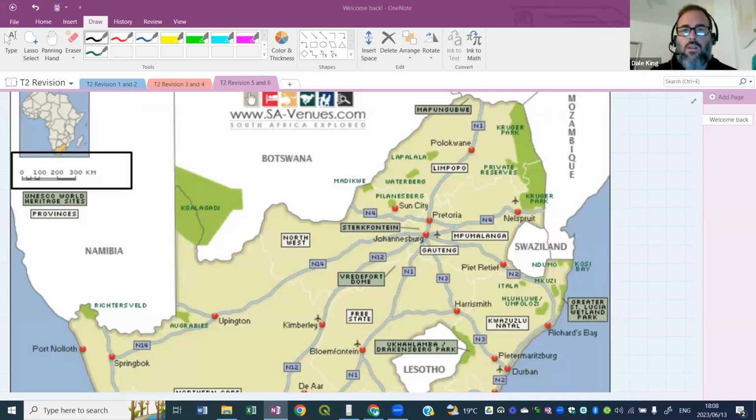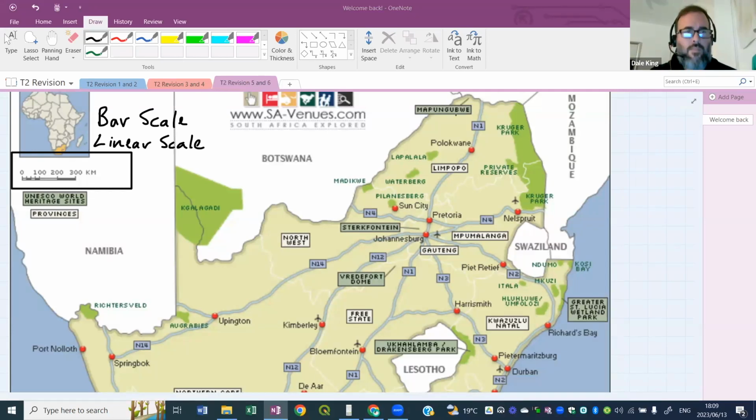Emmanuel, I see you have your hand up. So the name of the scale is a bar scale, and how I was basically taught is by either using a string if you have it in the exam, or you're going to use a ruler. Now you're going to measure how long the bar scale is, and then between the places where you're trying to go.